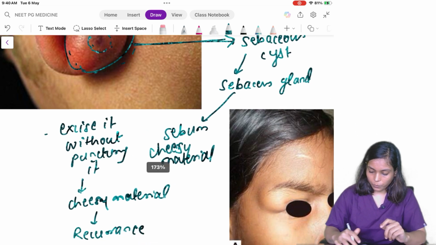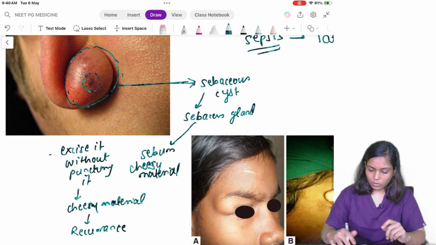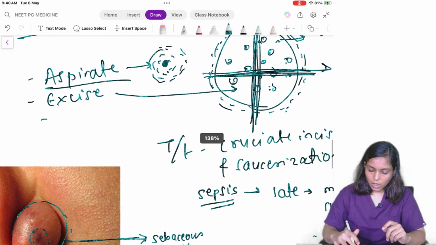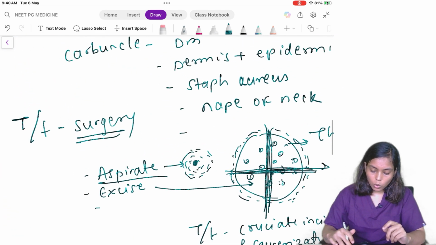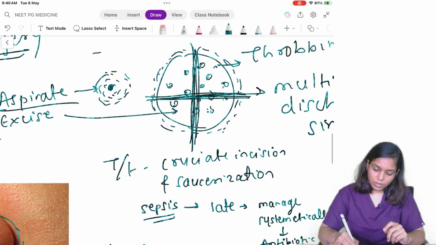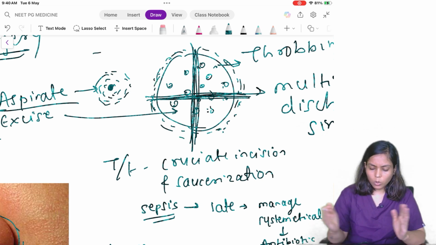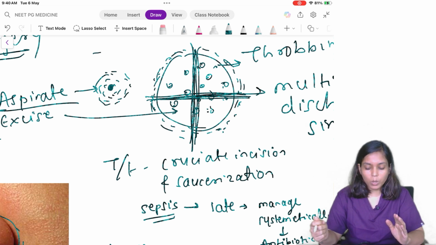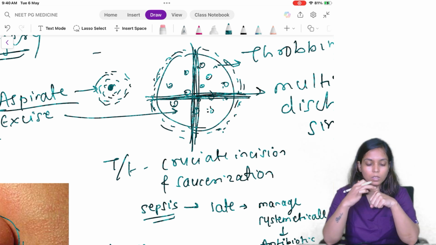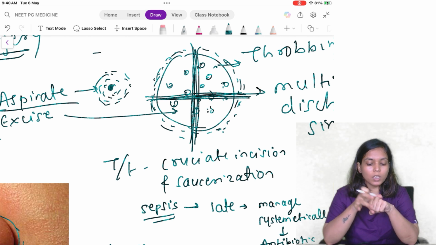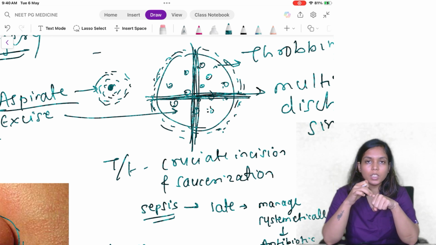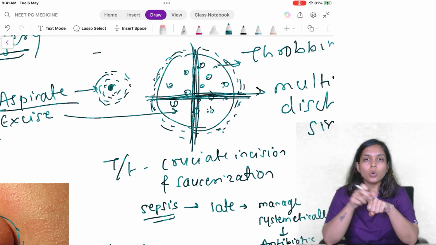Okay, so now one more thing, will you close the area after surgery? No, you can't suture this area because there is involvement of a larger surface area in the carbuncle and these two borders can't approximate, and also there is a history of infection here, so you can't just excise and close it.